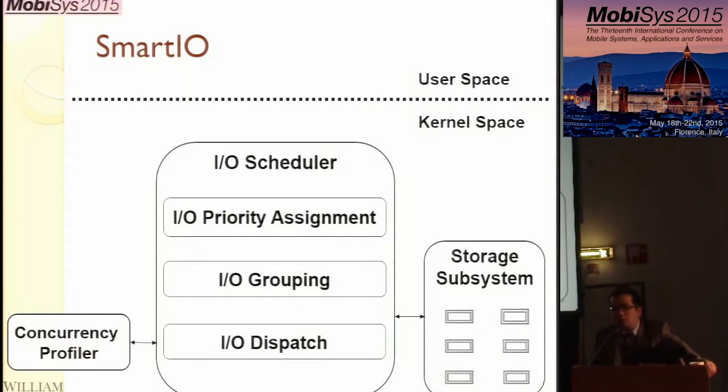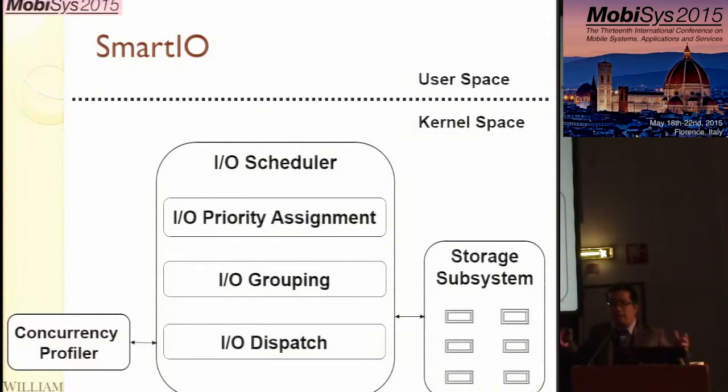There is also a so-called concurrency profiler, which we elaborate more in the paper, but roughly, you can think of it as this. When you issue a big workload with, say, 2 processes, it's fast, right? But if you divide that workload to, say, 4 processes, it's even faster.